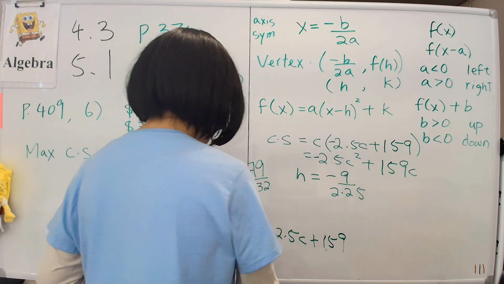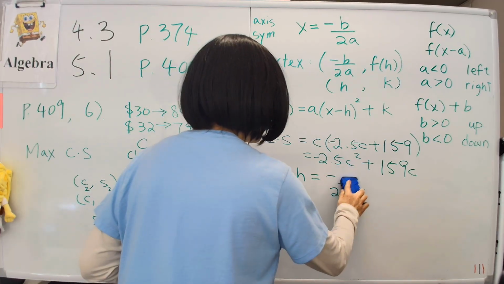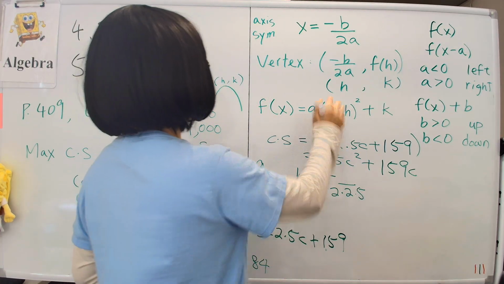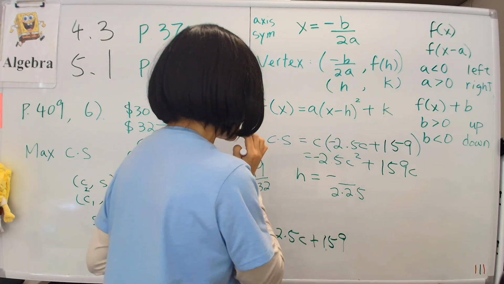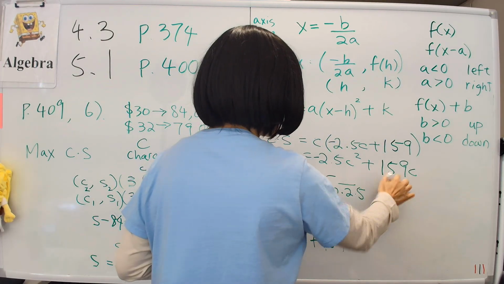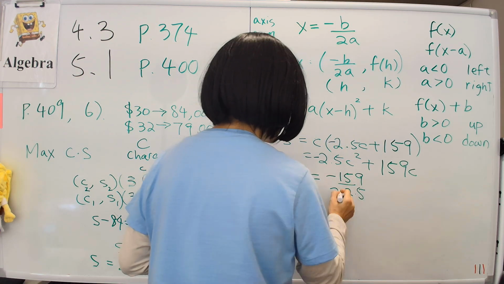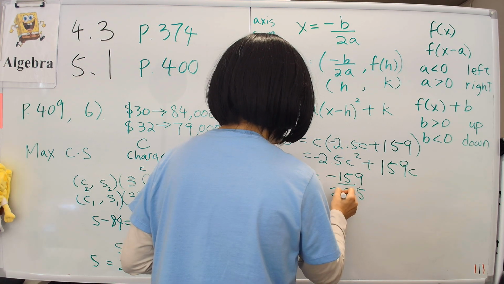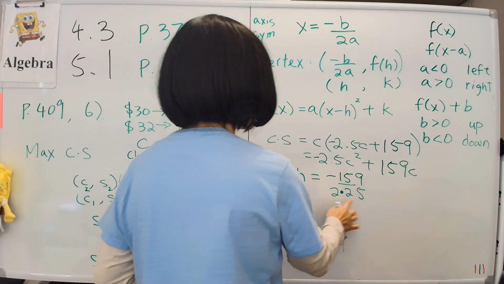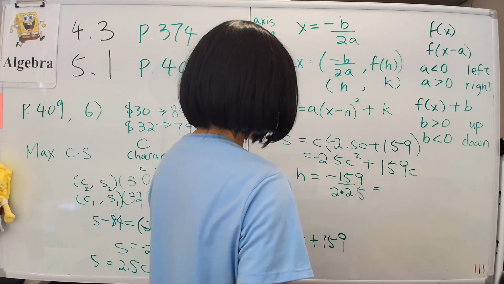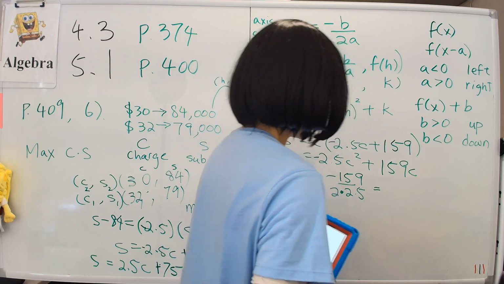Okay, so then the H would be equal to minus B over 2A. So minus, this is B, so 159 divided by 2 times 2.5. What's 159 divided by 5?